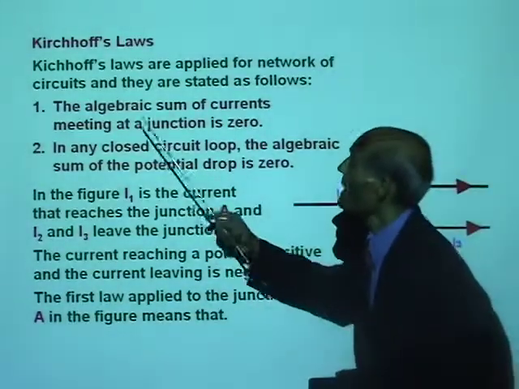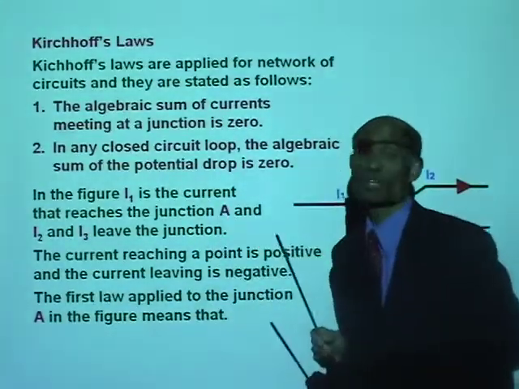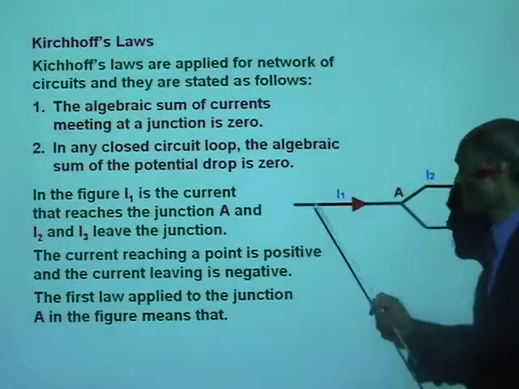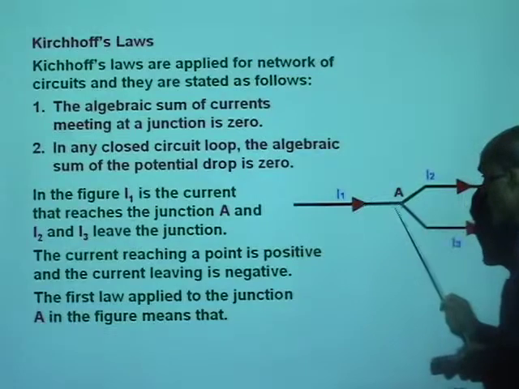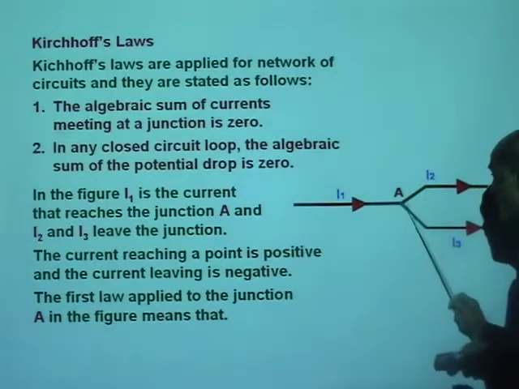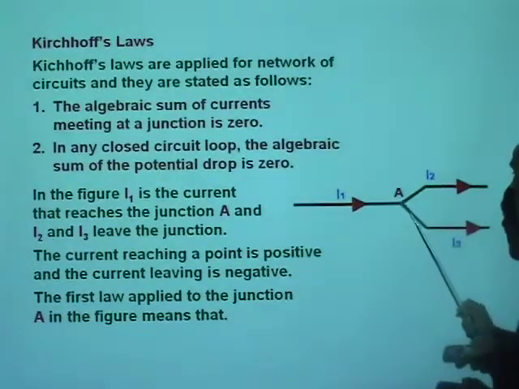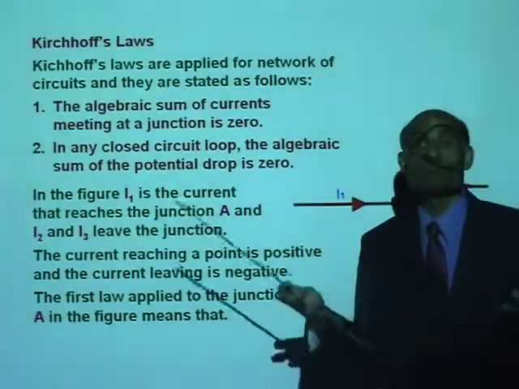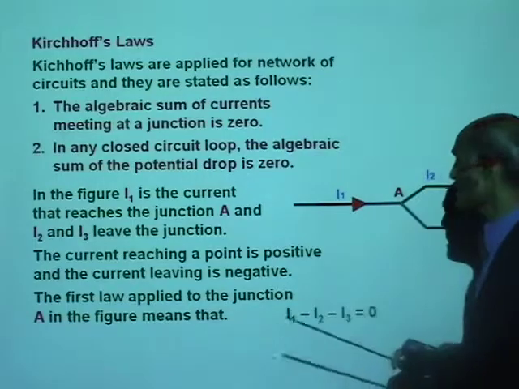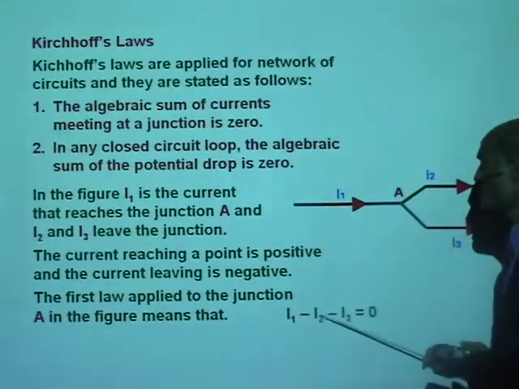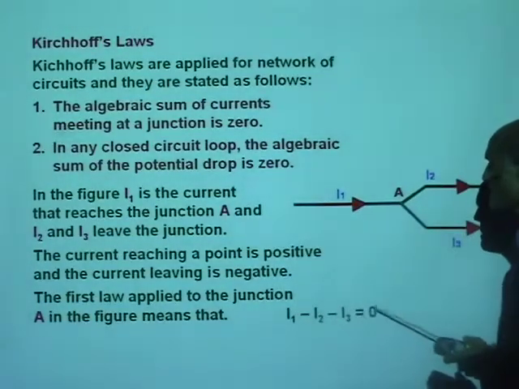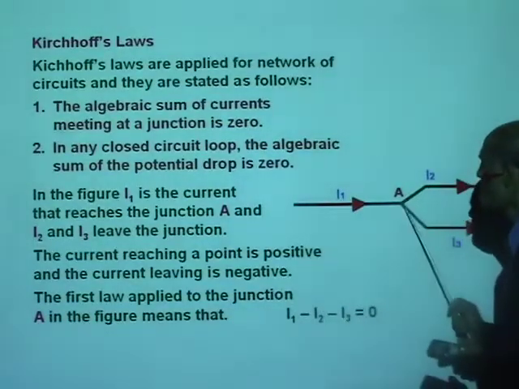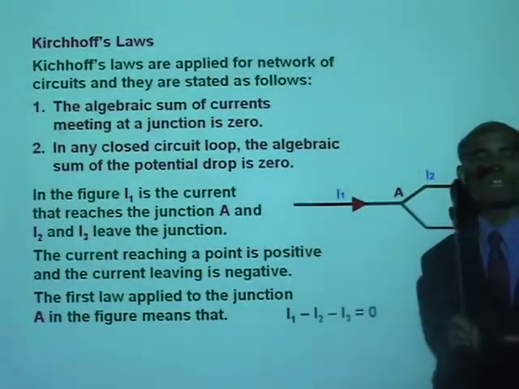So let's apply the first law of Kirchhoff to the junction A. What does it tell you? It tells me I1 minus I2 minus I3 equal to 0. That is the algebraic sum of those three currents. Algebraic sum of currents meeting at a junction is 0.